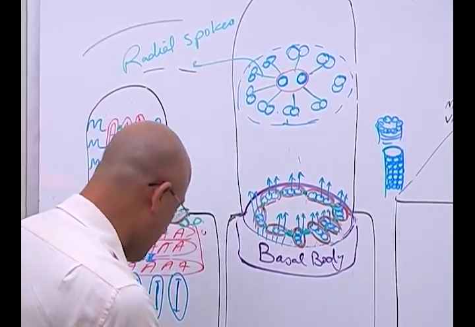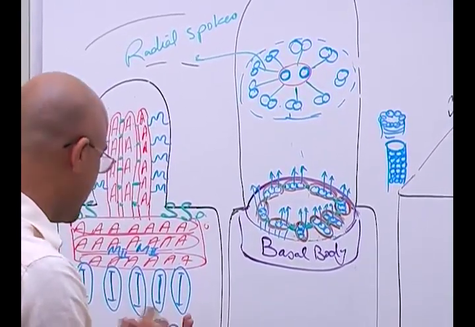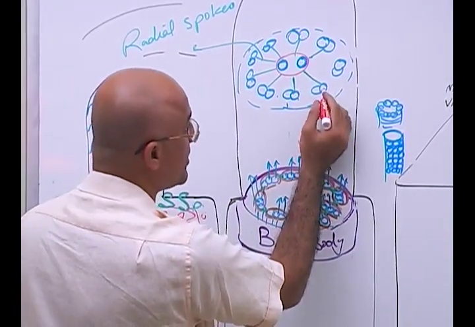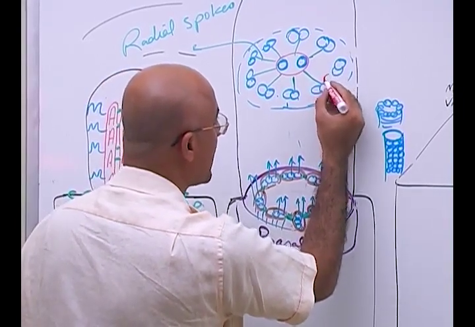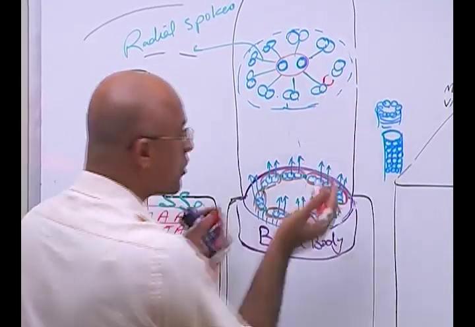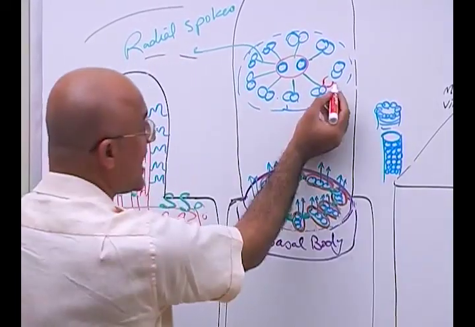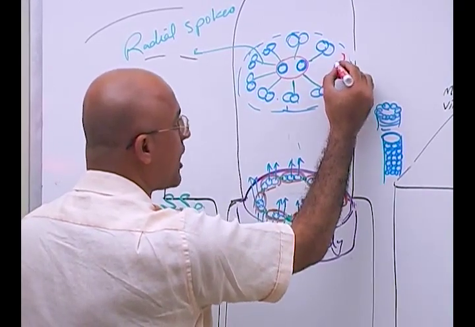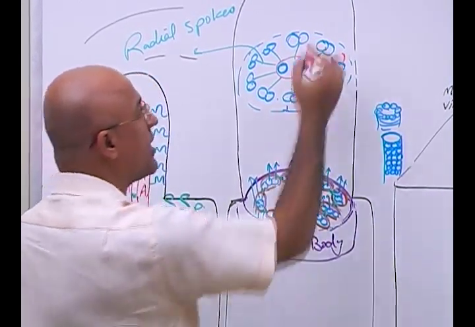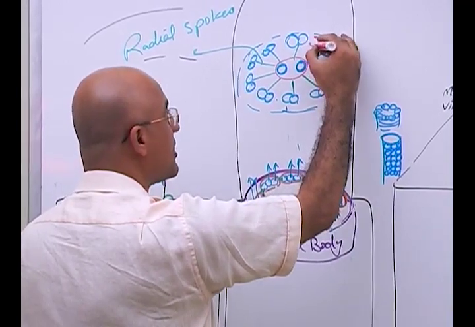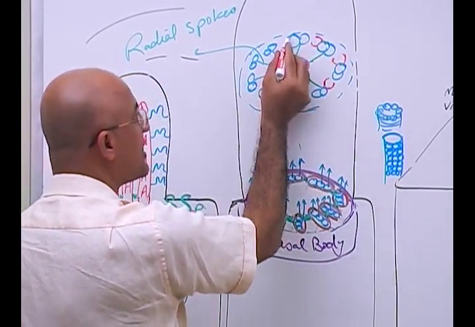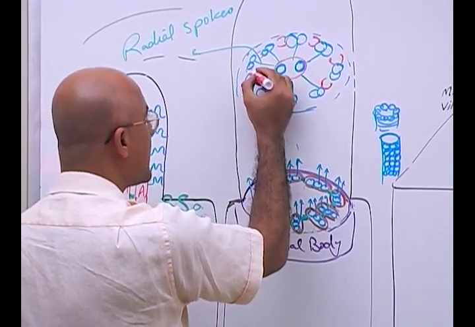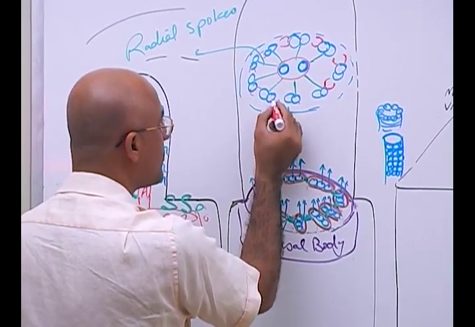Then another very important feature: from every tube there are special molecules which are like claws moving outward, trying to catch the next doublet. That doublet also has its arms going out, trying to catch the next one. These special proteins extend like arms from a doublet to reach the next doublet.